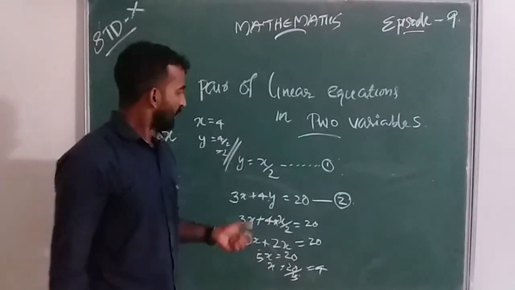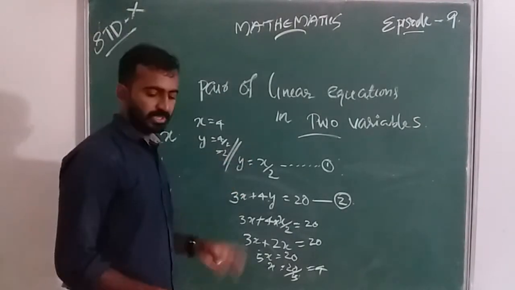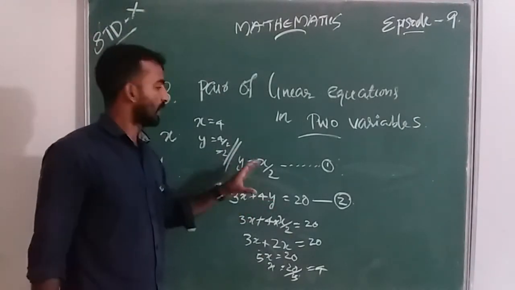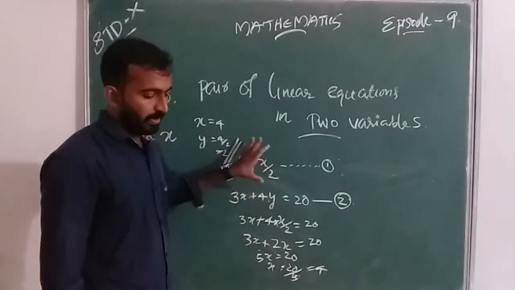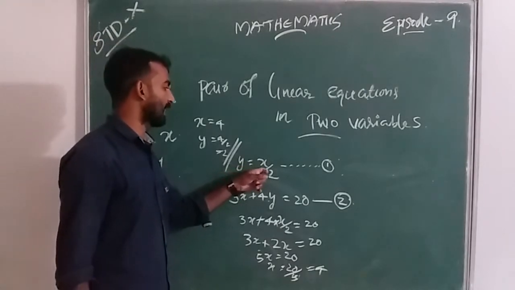So the solution is x equal to 4 and y equal to 2. In the question, we just write the equations, and these are linear equations in 2 variables. Here 2 variables are included.